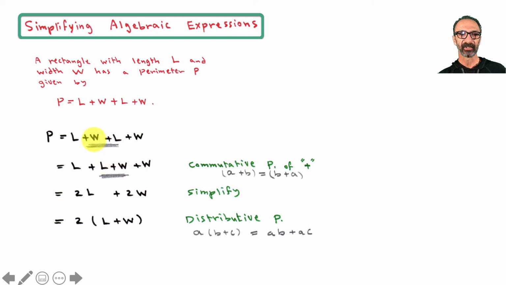So instead of saying W plus L, you could say L plus W. It's the same thing. Then combine the like terms, and you could also pull the 2 outside. Now when we factor out, it's actually the distributive property. I know some students go like, what do you call this step? Well, it's factoring, but there is no property that's called factoring. It's distributive property.